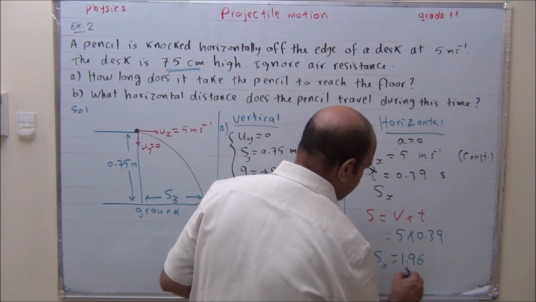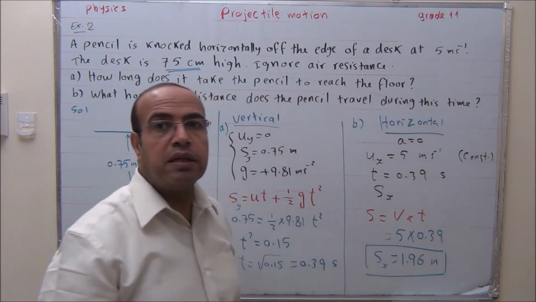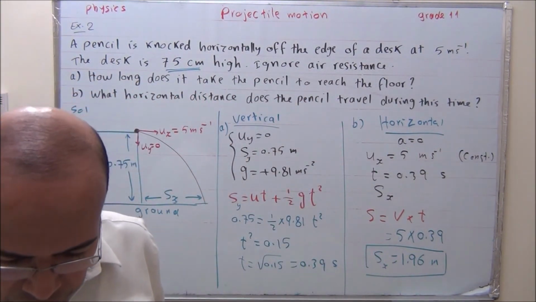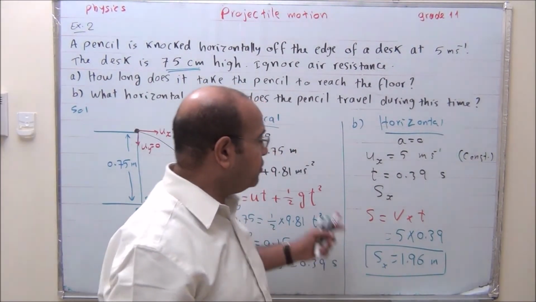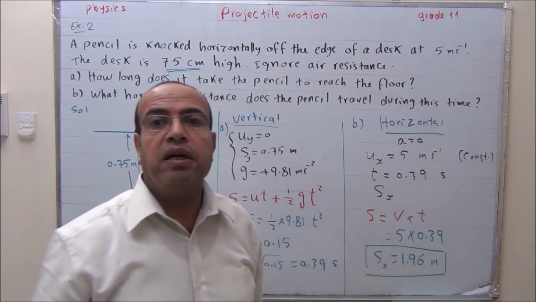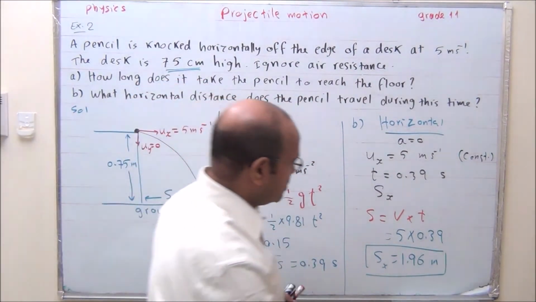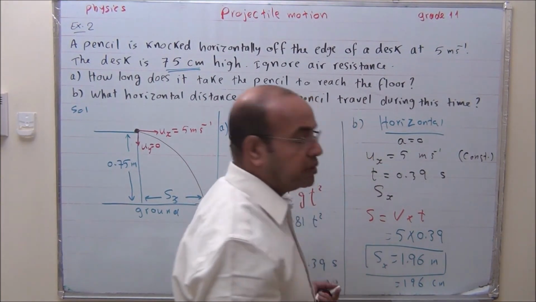So this is Sx, in meter. So this is the horizontal distance, 1.96 meter. If we need to change it to centimeter like the given, we multiply by 100, it becomes 196 centimeter.